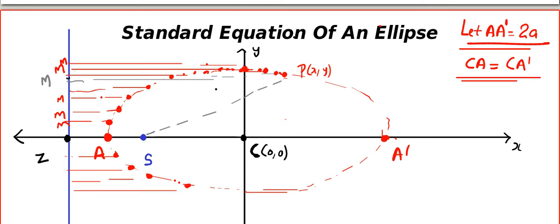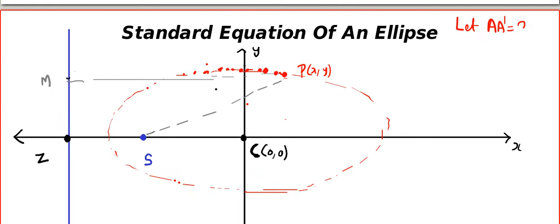If P is here, where will be our M? Like that, it goes. AA dash is equal to how much? 2a. And the distance from C to A and C to A dash are equal, where A and A dash are the vertices.